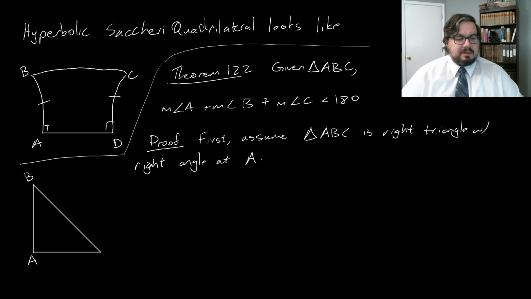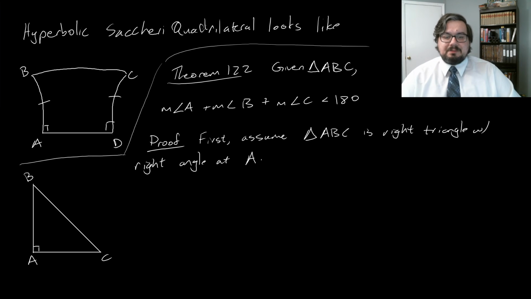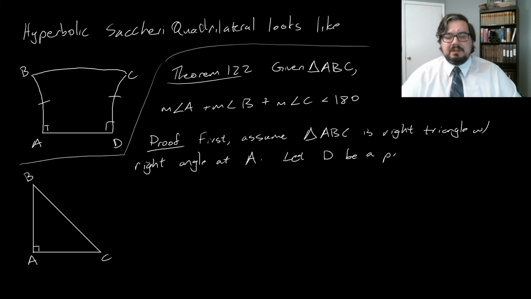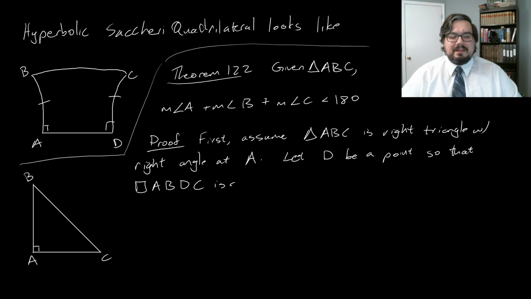A, B, C. We've got a right angle here. And now we've seen this before. We can let D be a point so that quadrilateral ABDC is a Saccheri quadrilateral.